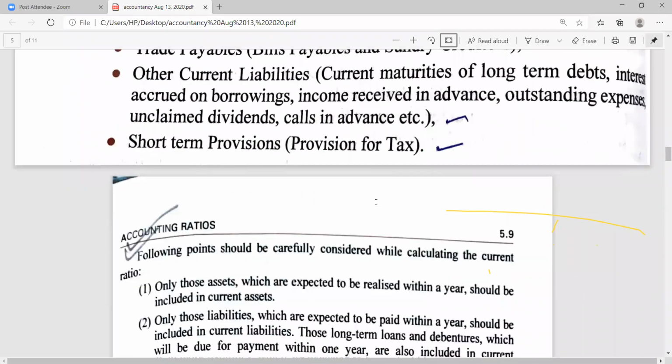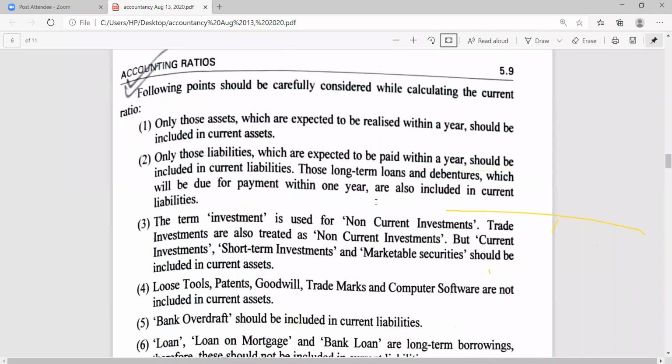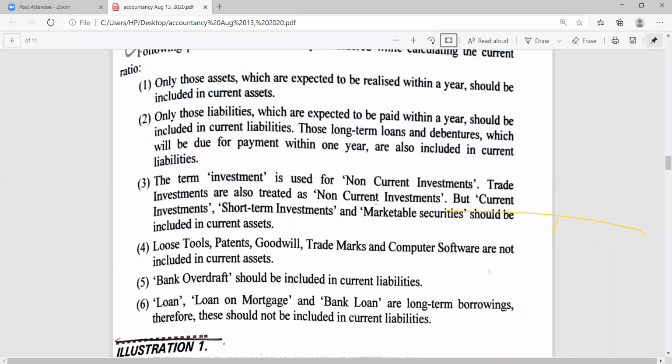So you have to keep these points in your mind while assessing the current ratio. Only those assets which are expected to be realized within a year should be included in current assets.